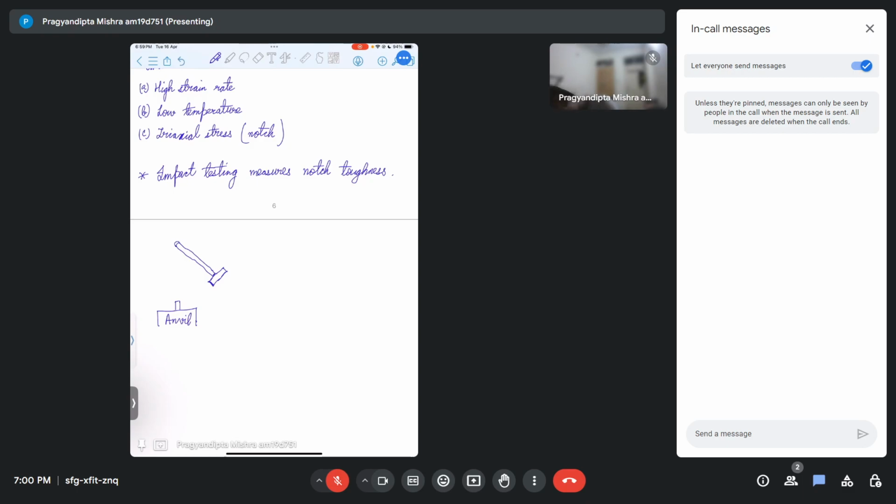So we're raising the pendulum up with the hammer and we are dropping it. It comes down, hits the notch sample, and once it hits, it goes up to some height. Let me just redraw this.